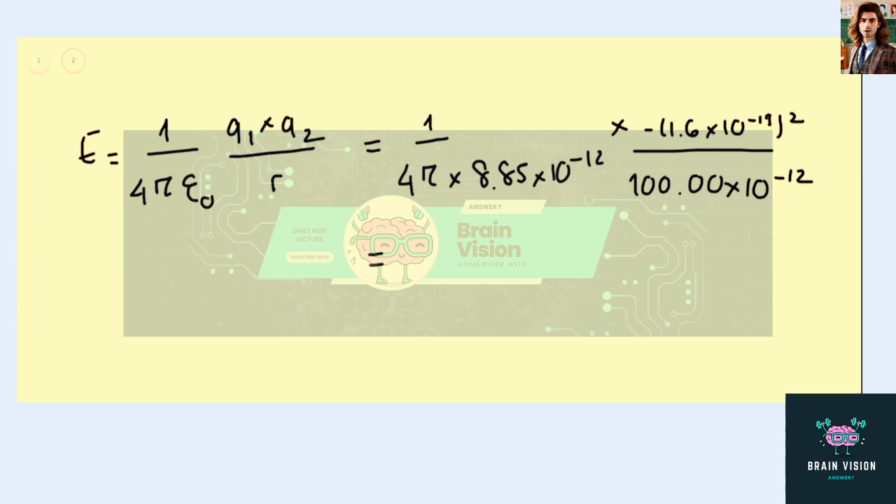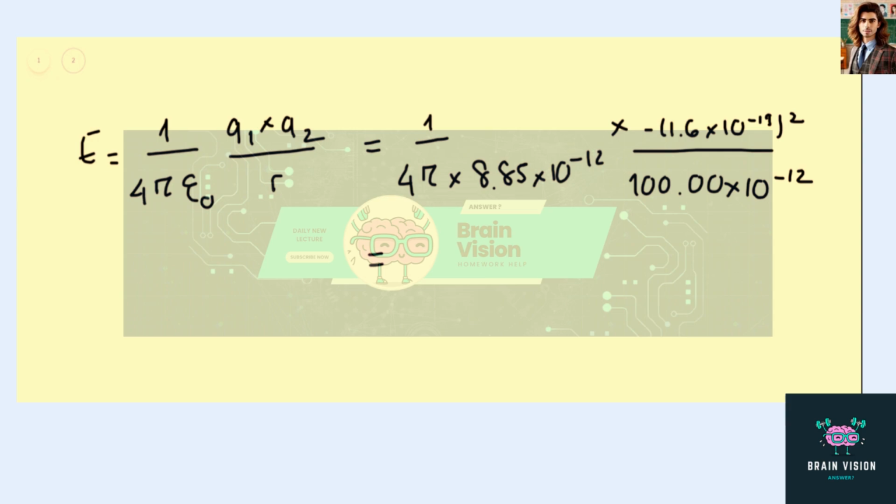We will have E equal to 1/4 pi times 8.85 times 10 to the minus 12. The Q1 Q2 is a square in this case because they have the same absolute value, with a minus because they have different charges, one positive, one negative. The distance is 100 picometer, converted into meter, is 10 to the minus 10.